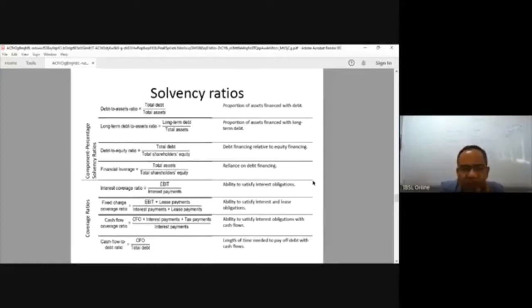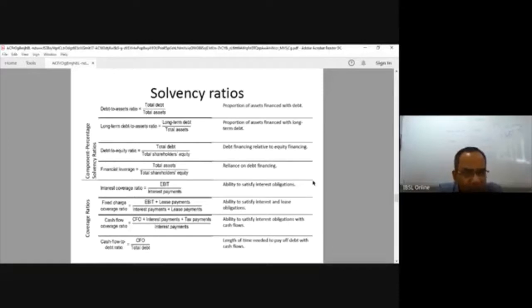Then the cash flow coverage ratio, the ability to satisfy the interest obligations with the cash flows. These are very seldom used ratios. You don't need to be really bothered about these.